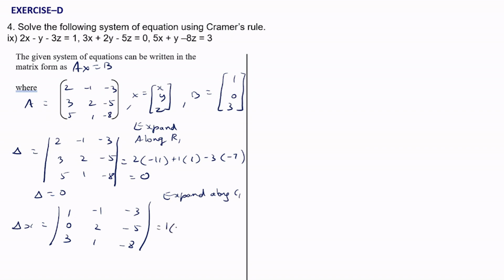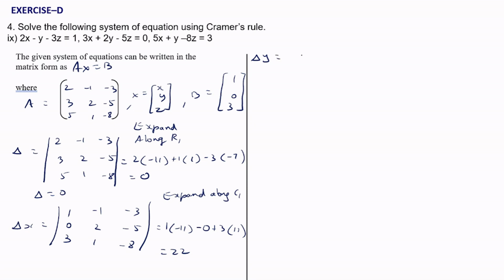This is 1 into (minus 16 plus 5, minus 11), minus 0, plus 3 into (5 plus 6, 11). So 33 minus 11, 22. So we got delta as 0 and delta x is non-zero. So here itself we can conclude that the given system of equations is inconsistent and it has no solution.